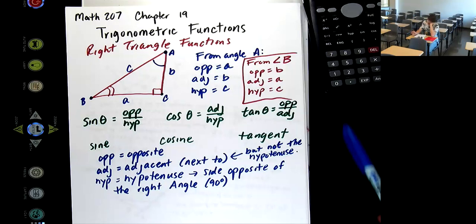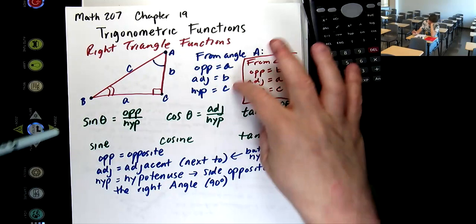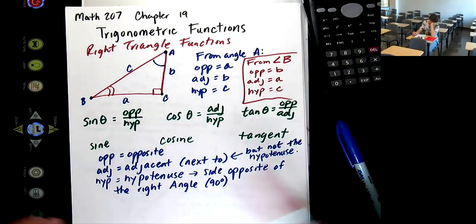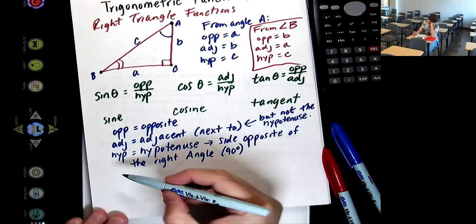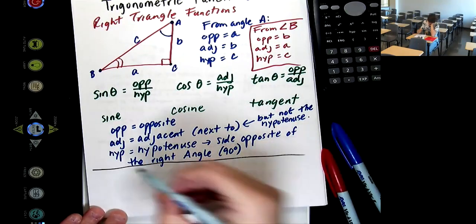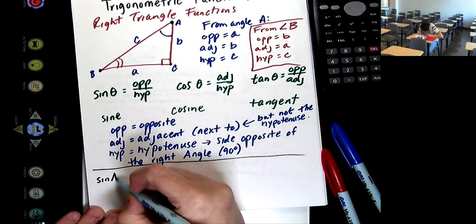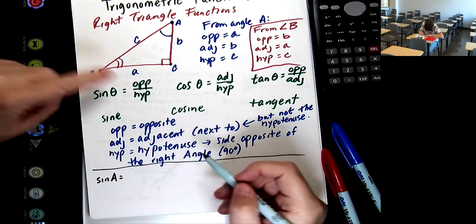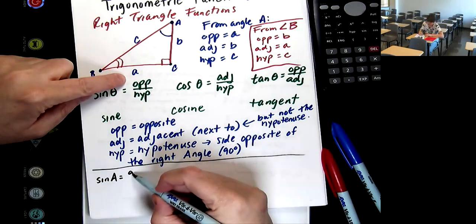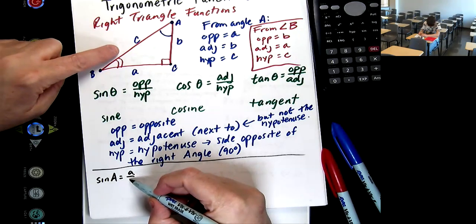So if I try to mesh this up with what these functions are here, I have the sine of A is opposite, which is little a, over hypotenuse, which is c.